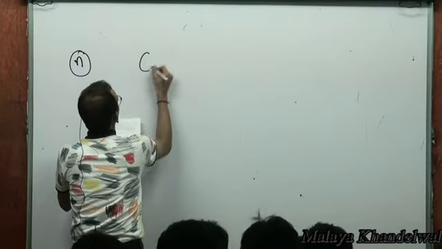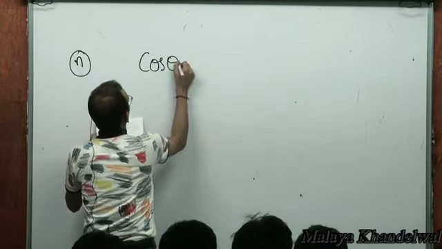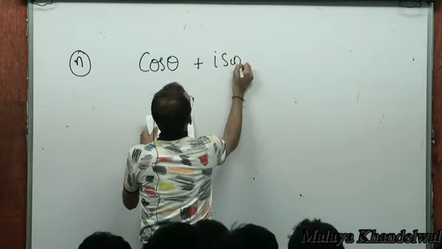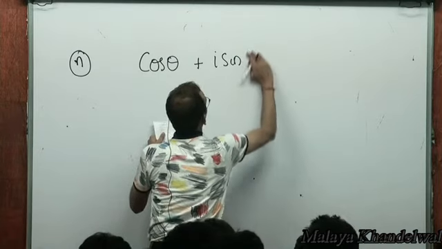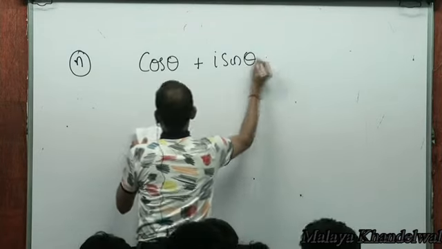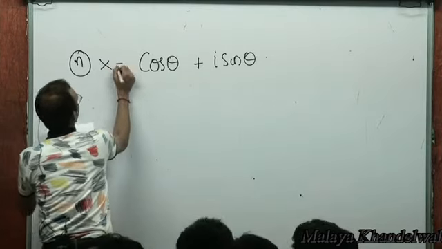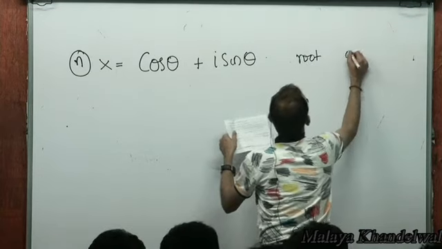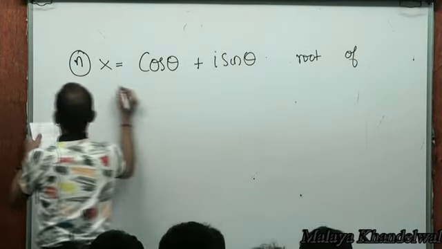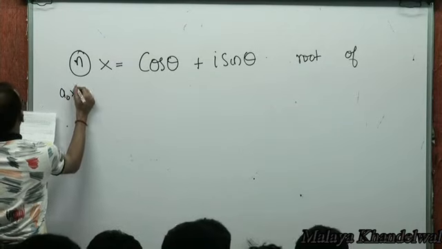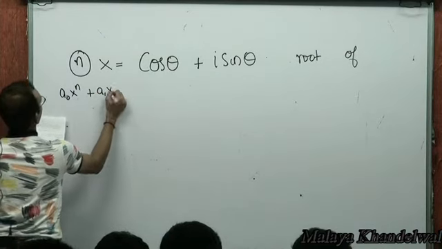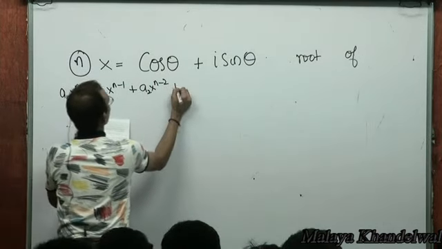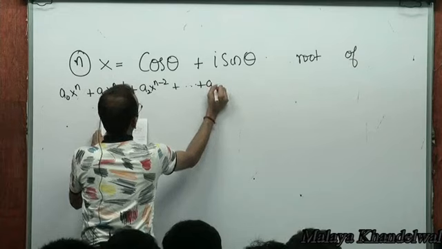Next problem. It's given x equal to cos theta plus i sin theta is a root of a naught x power n plus a1 x power n minus 1 plus a2 x power n minus 2 plus ... plus an equal to 0.